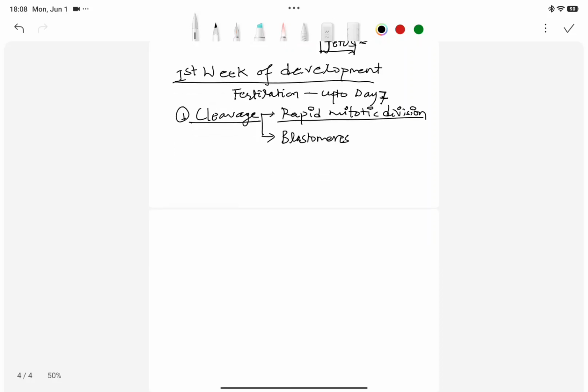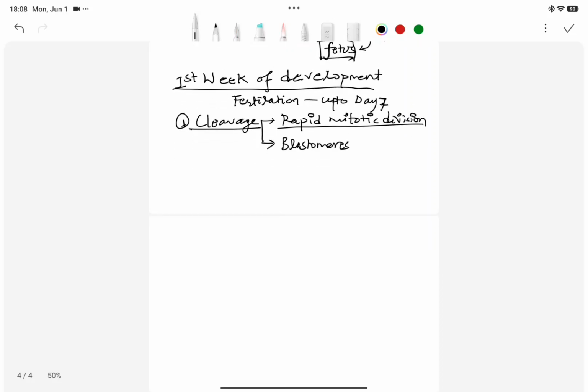So cleavage results in the formation of the blastomeres. The products of cleavage are blastomeres.